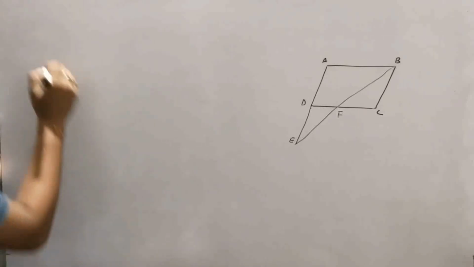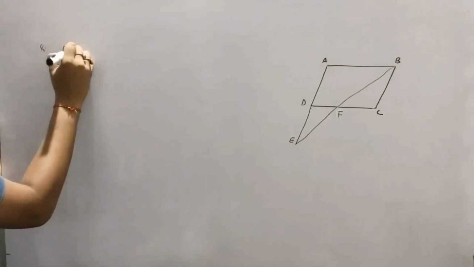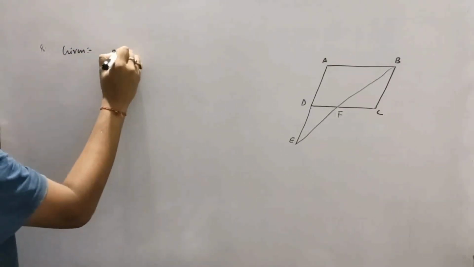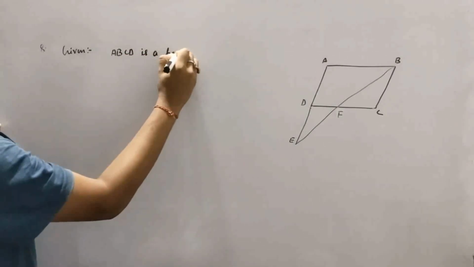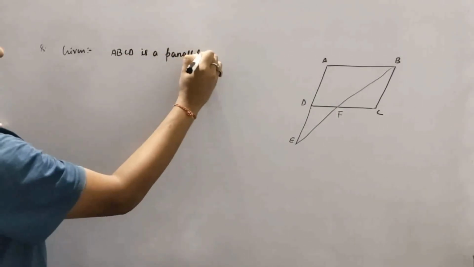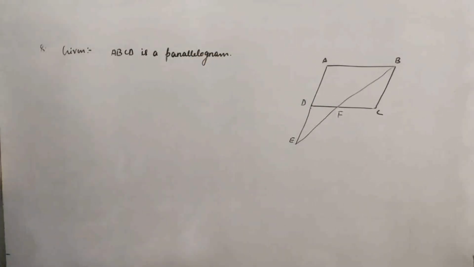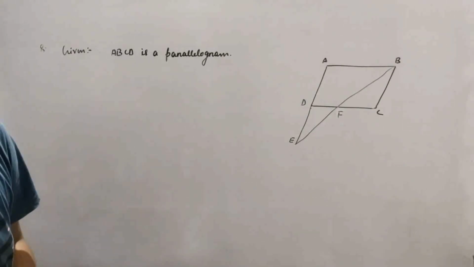Okay, so write the given part. Question number 8. Given: ABCD is a parallelogram. That much is sufficient, I guess, to write in the given section.